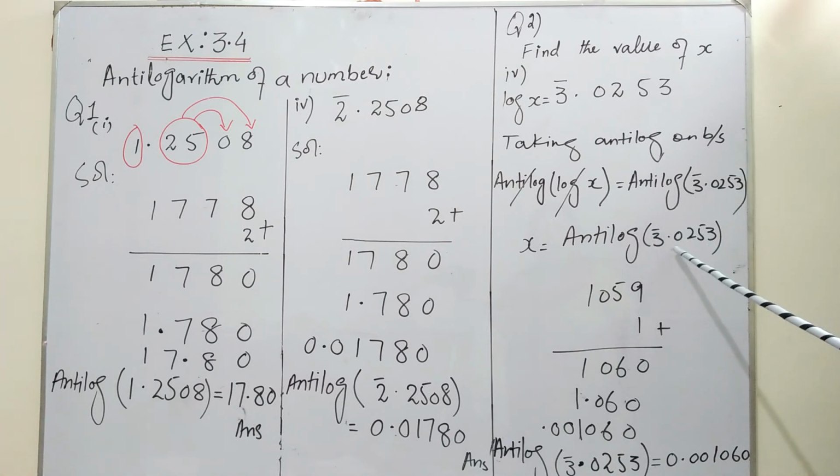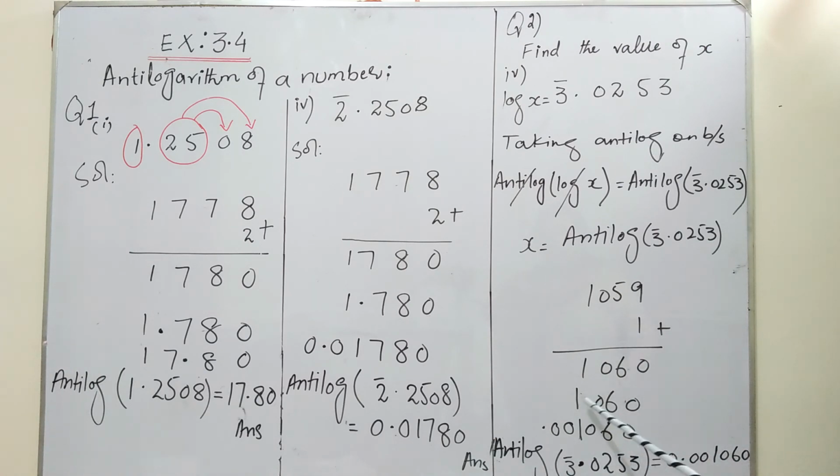Check the value of 0.02 in the anti-logarithm page, in the column which is headed by 5. The value is 1059. Again, check the value of 0.002 in the column which is headed by 3 in the difference columns. So it becomes 1059 plus 1, 1060.